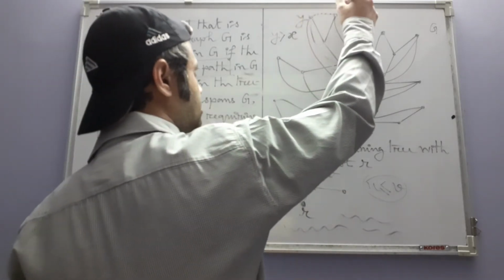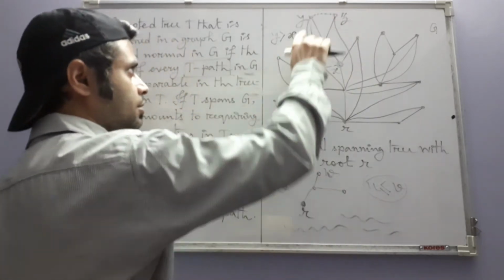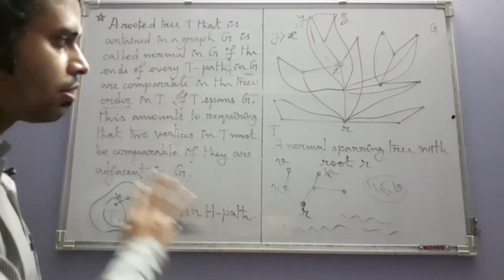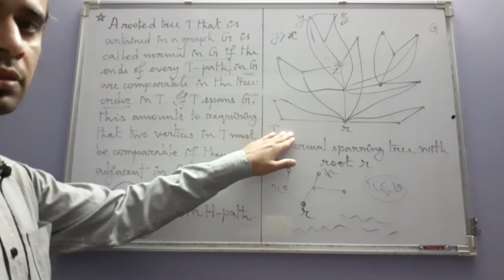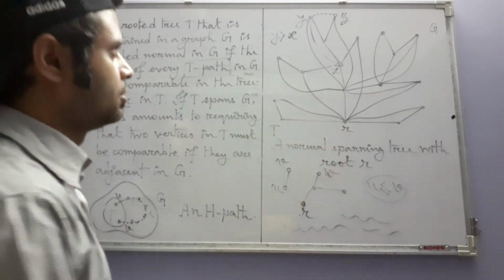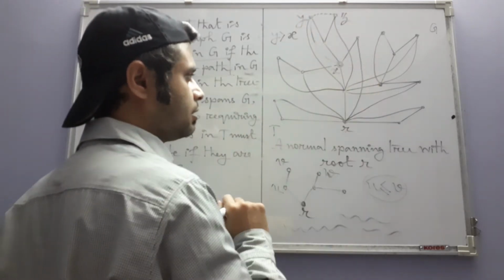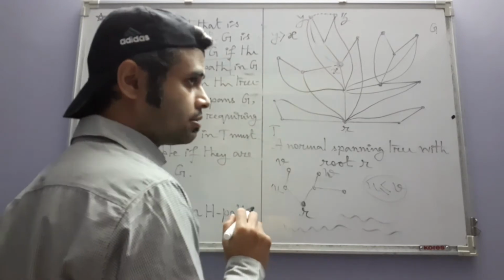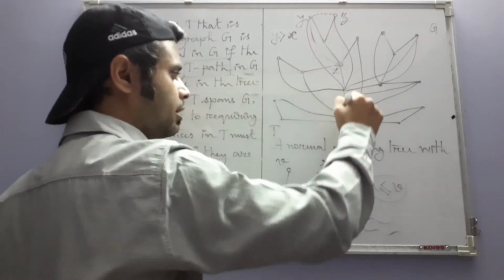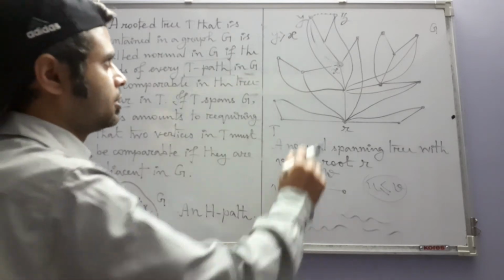Because these two vertices, this is Z, these two vertices are not comparable in the tree order that we have in T with respect to this root. The unique path joining Y and R in the tree does not contain Z, and the unique path joining Z and R does not contain Y, so they are not comparable.